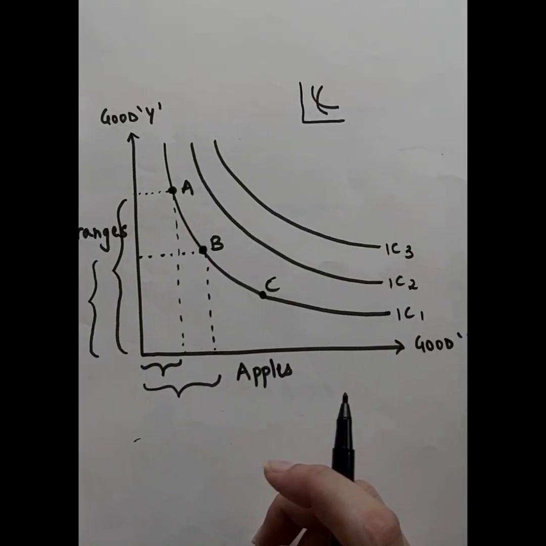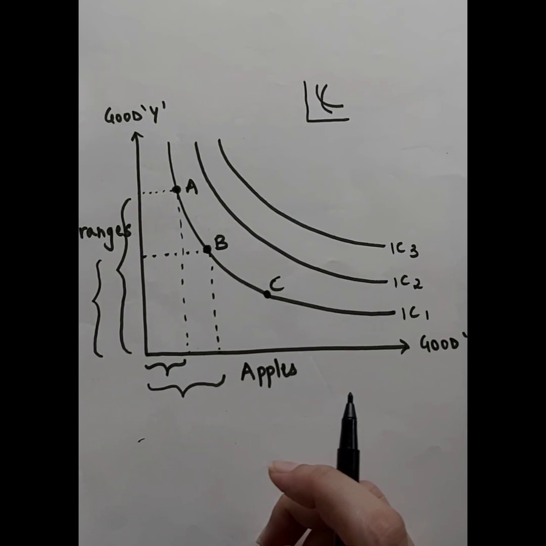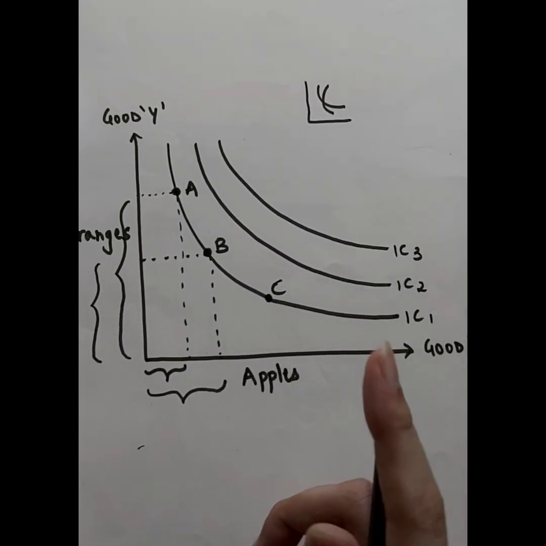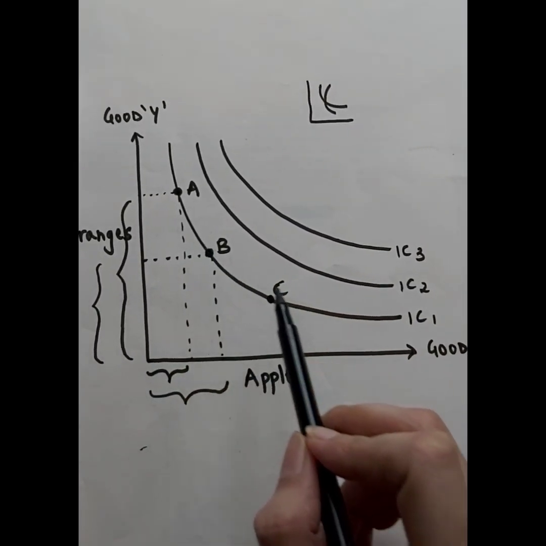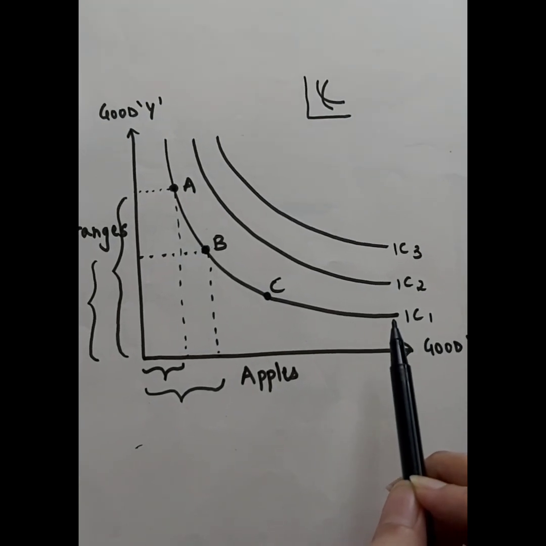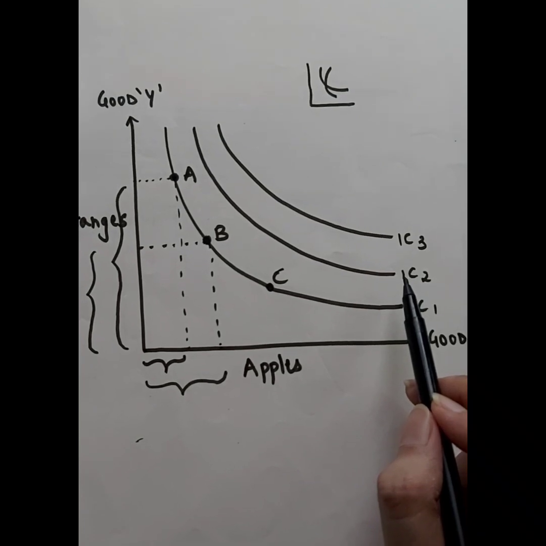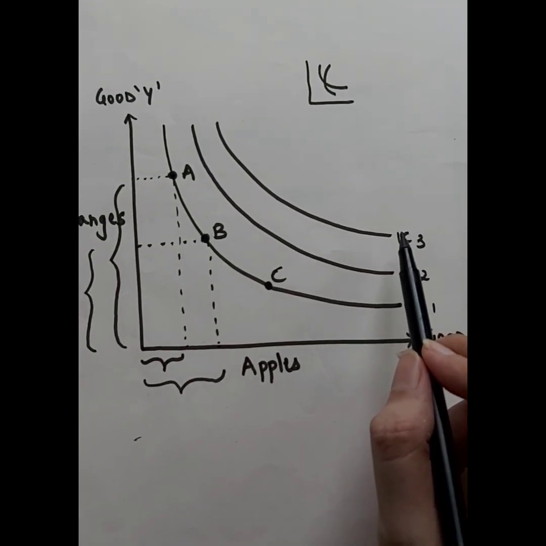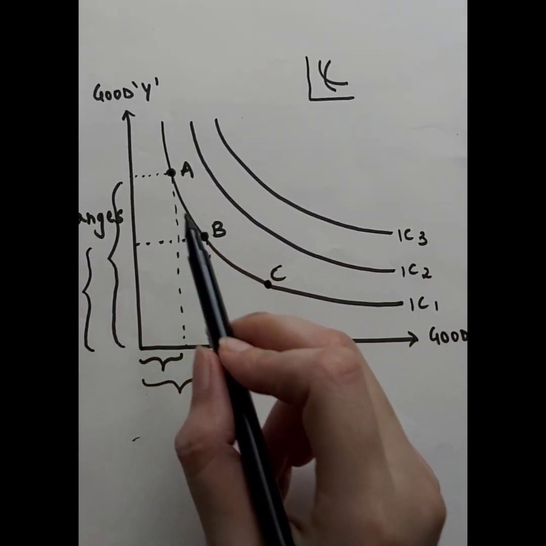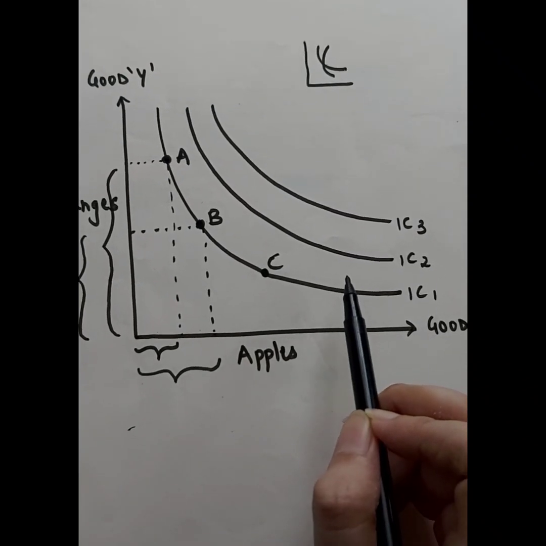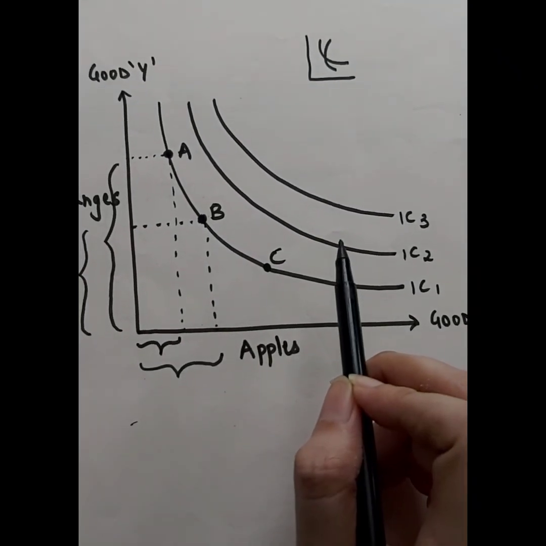Now we'll discuss the second property of indifference curve, which is that indifference curves never intersect each other. As you can see, this is indifference curve 1, this is indifference curve 2, and this is indifference curve 3. They are all parallel to each other and they are not intersecting each other.